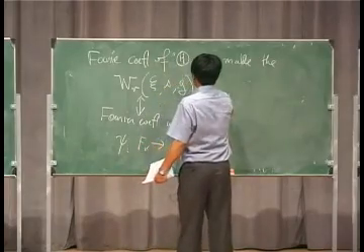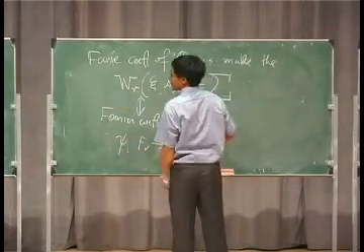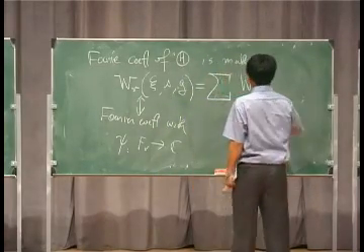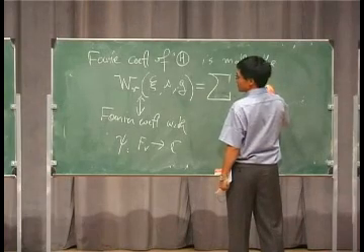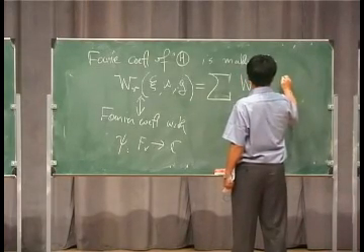This will be a linear combination of the same thing there, W v of theta i of g.